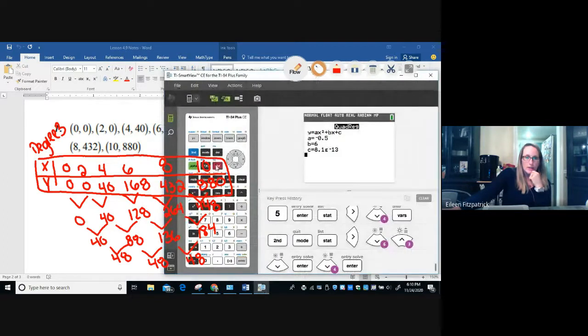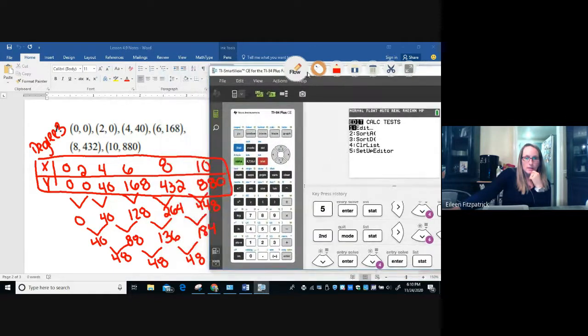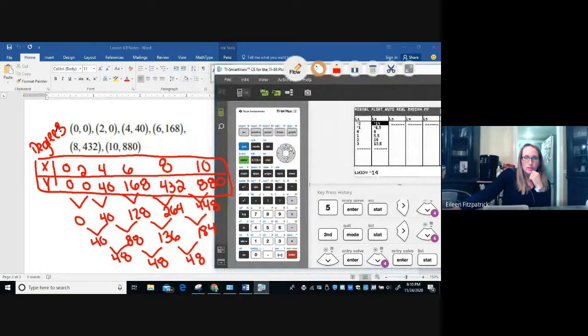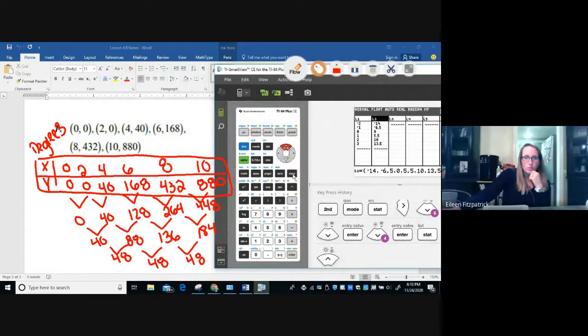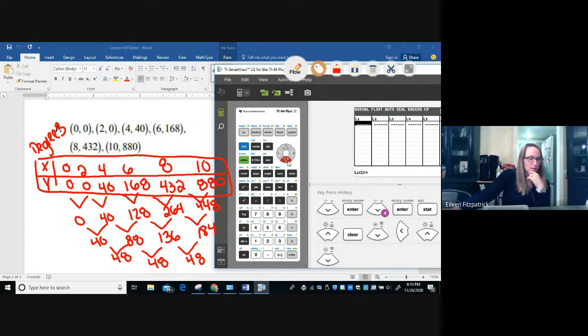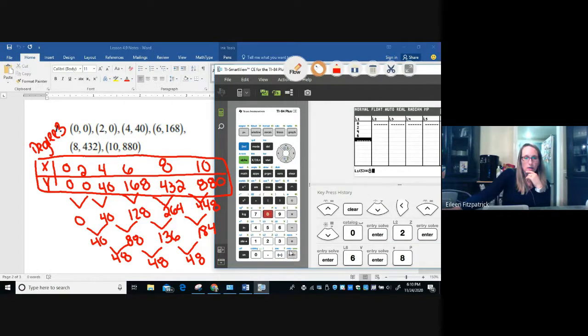So in my calculator, I'm going to hit stat and select edit. To clear your list, go up to highlight L1, push clear. It doesn't look like anything happened, but when you go back down, it's empty. Go over to L2, push clear. L1 is for your x's, so 0, 2, 4, 6, 8, 10.